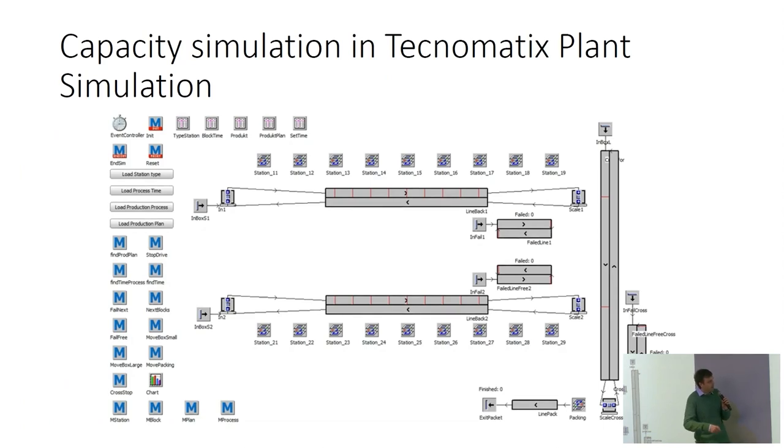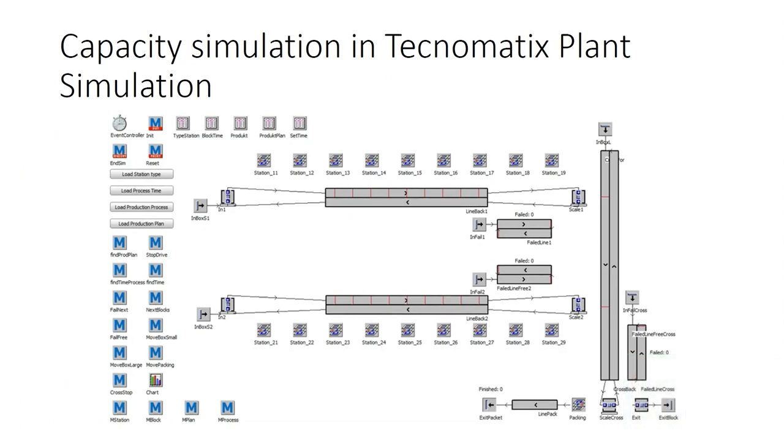Here is another type of simulation, the signal-oriented simulation in MATLAB Simulink. This is Technomatics or Siemens Plant Simulation software, which is statistics-based software simulating the entire packing line.